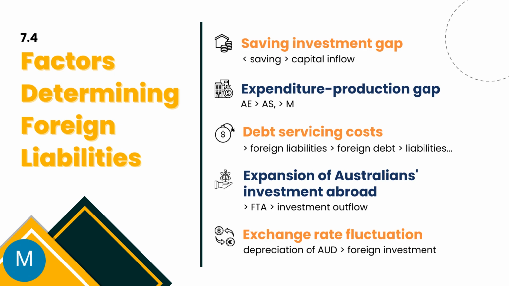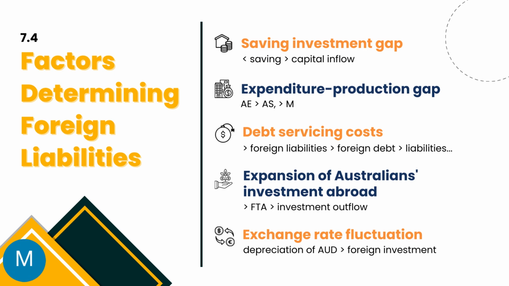Next, the expenditure production gap. When the aggregate expenditure is greater than what we could produce, which is aggregate supply, then we need to fill up the gap through importing. Imports would lead to a trade deficit. To finance the trade deficit, we need capital inflow, and that increases our foreign liabilities.